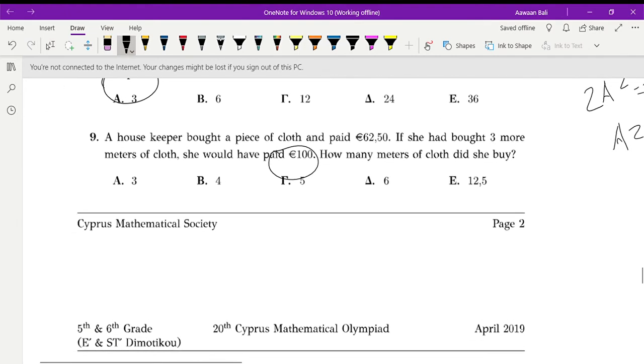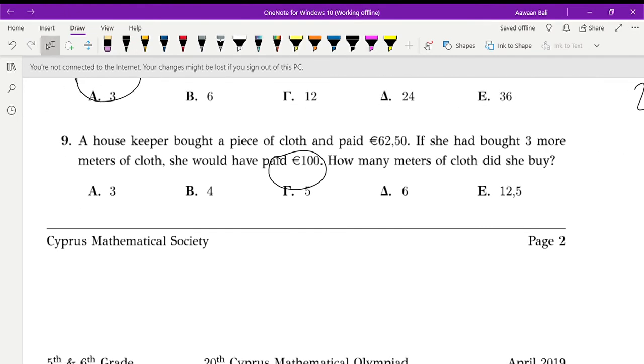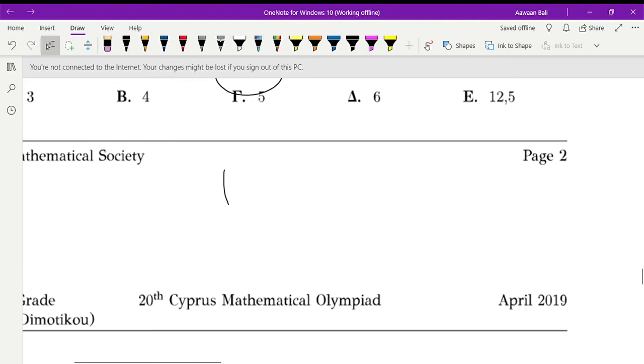Now, a housekeeper bought a piece of cloth and paid €62.50. If she had bought 3 more meters of cloth, she would have paid €100. How many meters of cloth did she buy? Okay, so now basically, since we have €62.50 and €100, 100 minus 62.5 is basically 37.5.